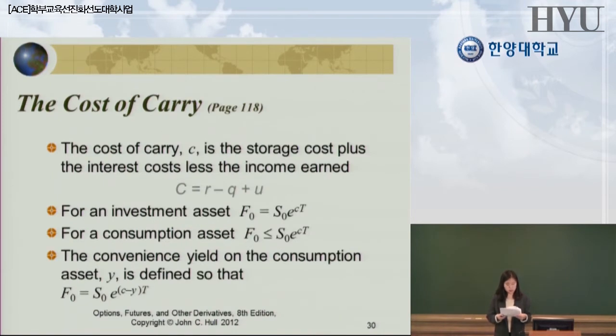The cost of carry is the storage cost plus the interest rate less the income earned. For an investment asset, F0 is like this, and C is the cost of carry, and for a consumption asset, as I told you, because of its consumption value, F0 is less than S.